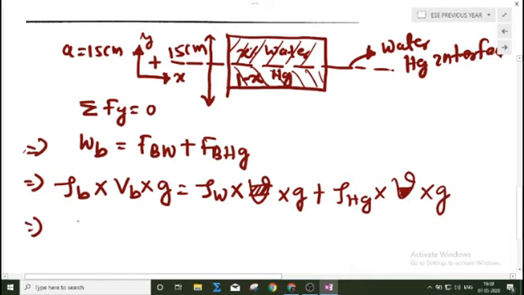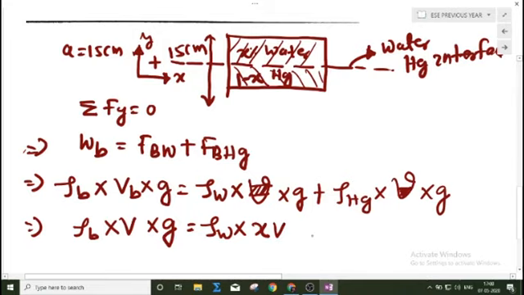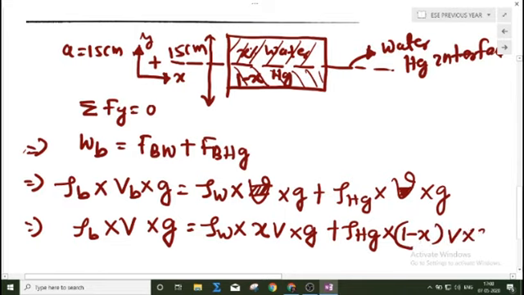So I can write this as density of the body into volume of the body V into g, equal to density of the water into x times V into g, plus density of the mercury into 1 minus x times V into g.